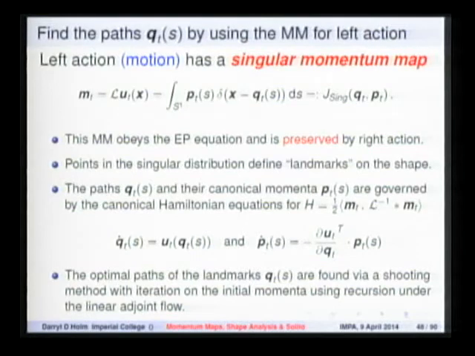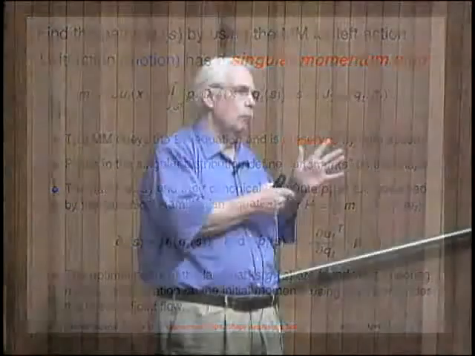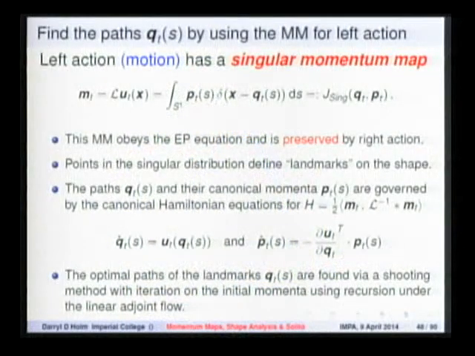So you linearize along the path that you took, use the adjoint equation to integrate back to your initial condition, and you'll be at a different initial momentum. Then you shoot and iterate this until you get as close as you want, and you define a tolerance for how close you want. That's an easy thing to do, and it's very quick, especially if you only have a finite number of points to match.